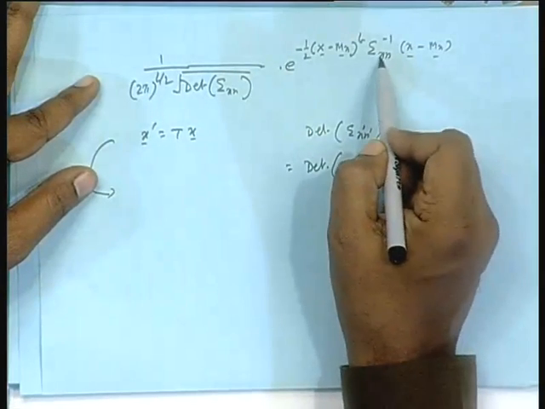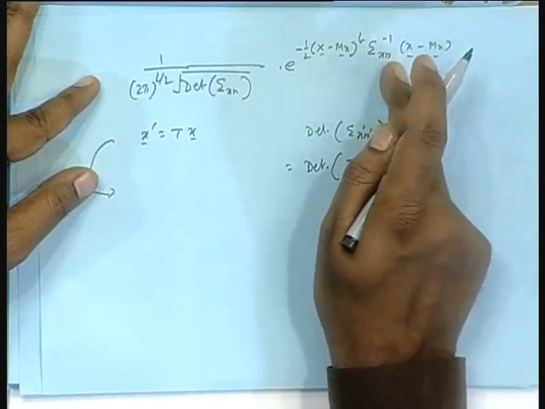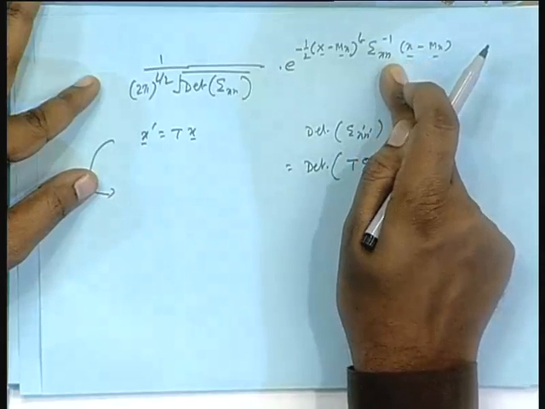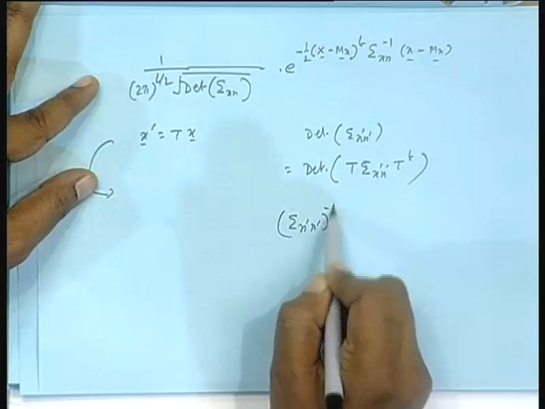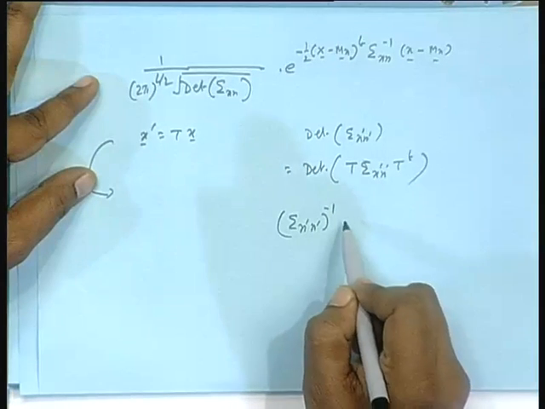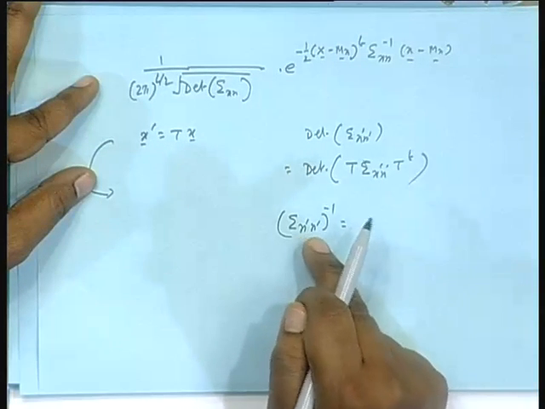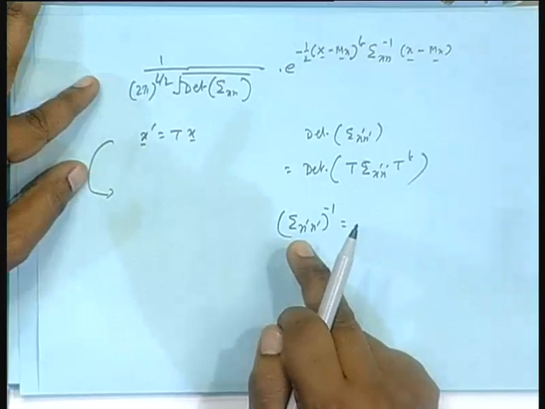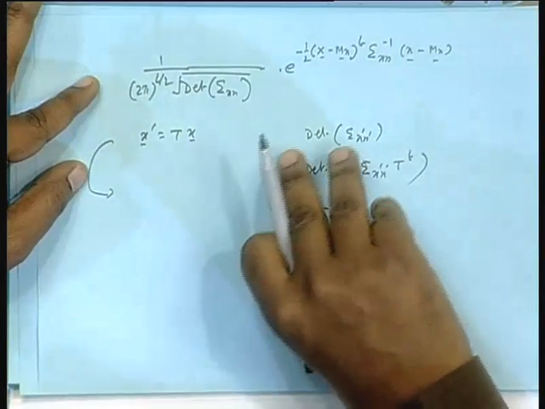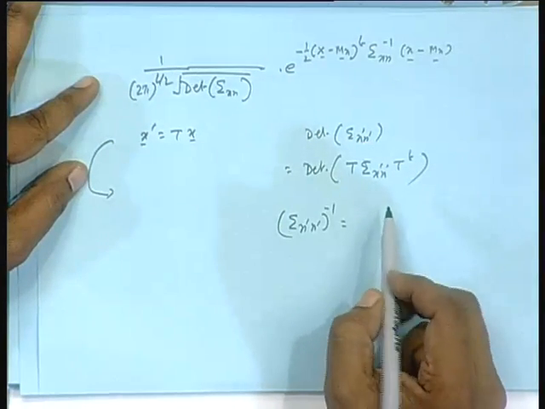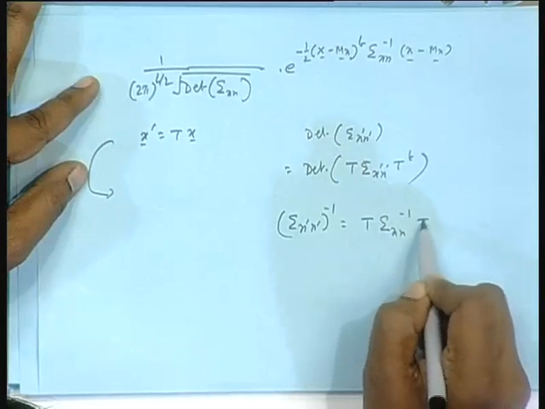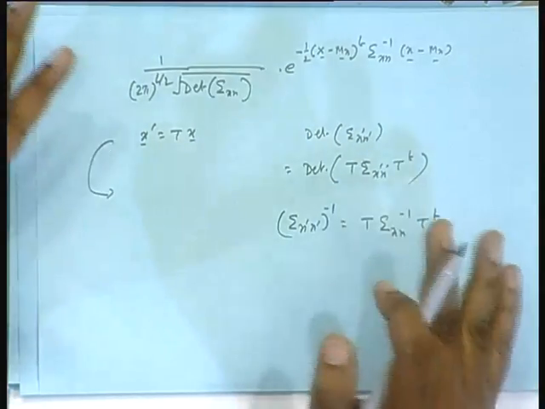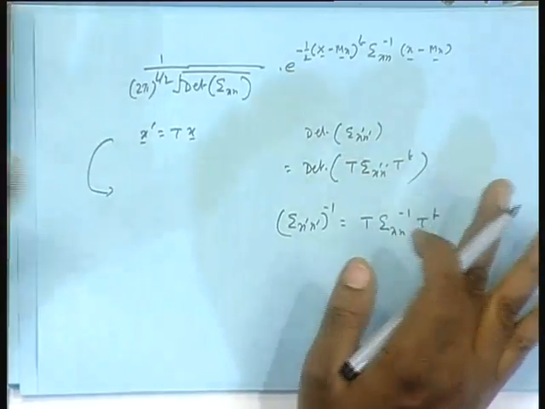And when the inverse comes, you will have another term, sigma x prime inverse. Replace sigma x prime by this and take the inverse. So T transpose inverse will come first, and T transpose inverse is T. This will come. I do not need this for our analysis, it is just something I am telling you off the cuff.